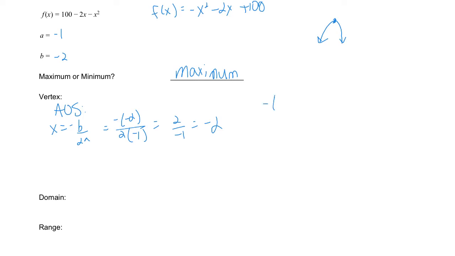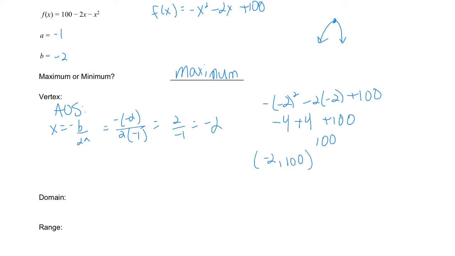So negative 2 squared minus 2 times negative 2 plus 100. So that's negative 4 plus 4 plus 100. That's just 100. So the vertex is negative 2, 100.